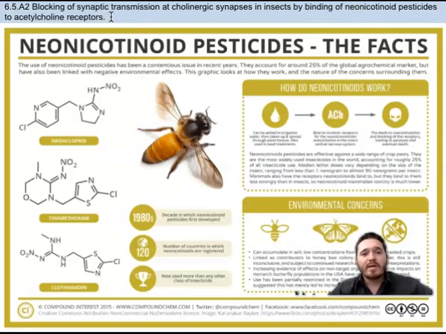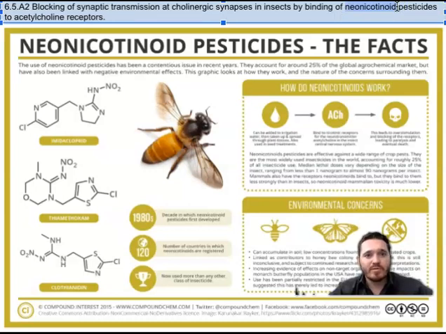What does this mean? It's basically saying that this pesticide, known as neonicotinoid pesticides, which are widely used all over the world, are actually blocking acetylcholine receptors in bees. And this is causing the bees to have seizures and have paralysis and die.